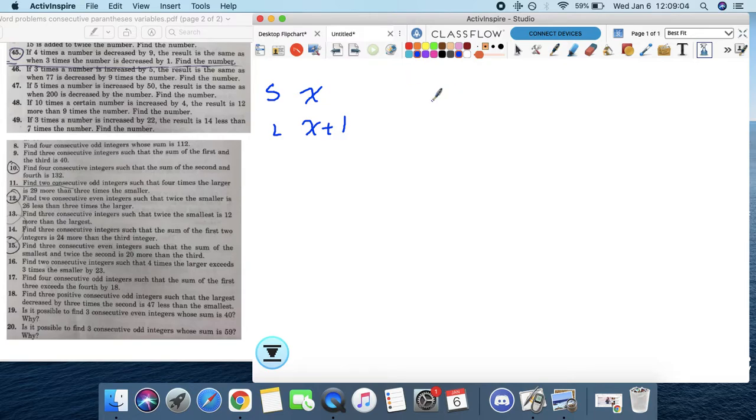Okay, so 4 times the larger number, x plus 1, exceeds 3 times the smaller by 23. Okay, that's just saying my score exceeds, is greater than your score by 23, so it's a subtraction.